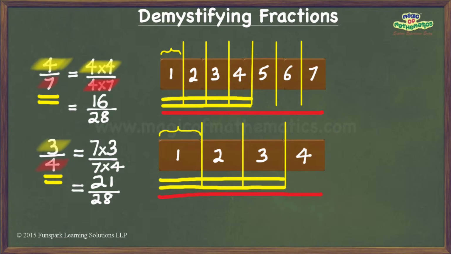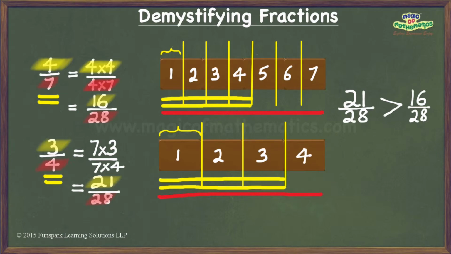Now that the piece size is the same in both the cases, we can compare the number of pieces in both the cases, and since the second fraction represents more number of pieces as compared to the first fraction, we can say that the second fraction, namely 21 by 28, is greater than the first fraction, namely 16 by 28.